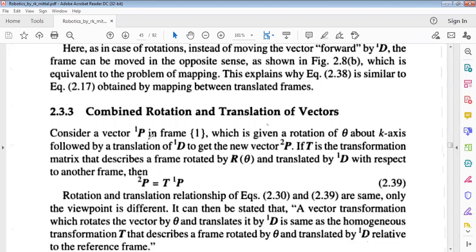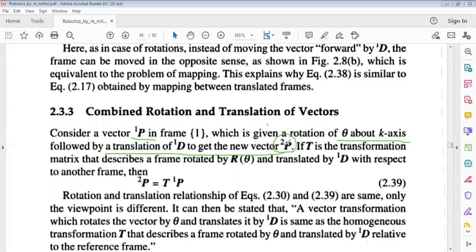Okay, so here we have vector 1P. It is rotated by an angle theta about the k-axis, followed by a translation of 1D, to get the new vector 2P.